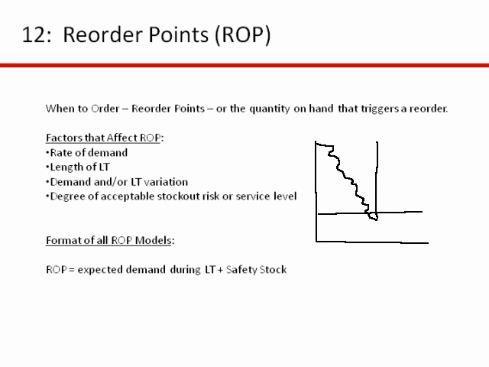So it looks something like this. Let's say that this is our lead time right here. The expected demand during lead time is just this interval of time right here.